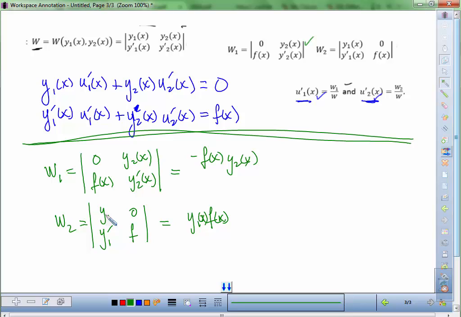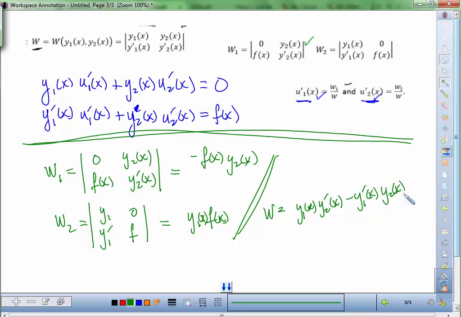Then this would be, I don't know if it'd be easier to remember, but it's there. And why not look for W as well? So y1 of x, y2 prime of x minus y1 prime of x, y2 of x. Okay.